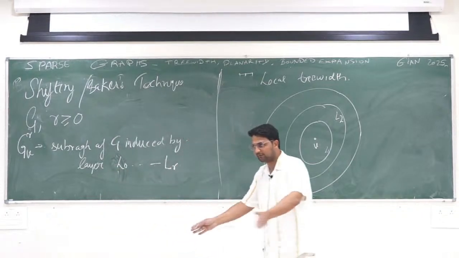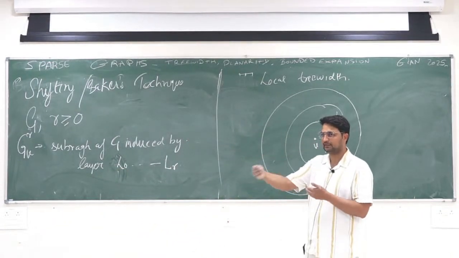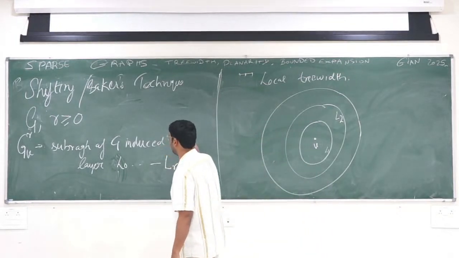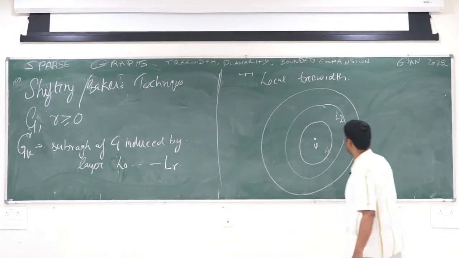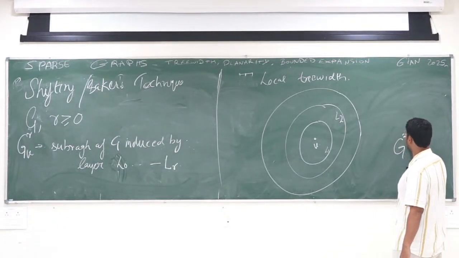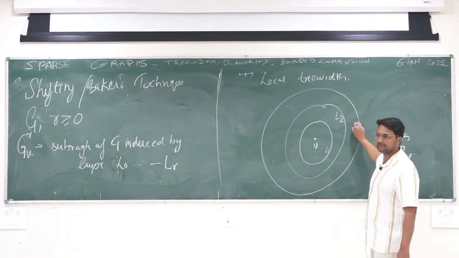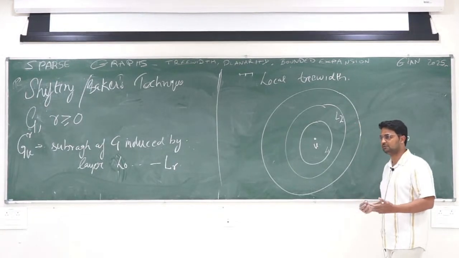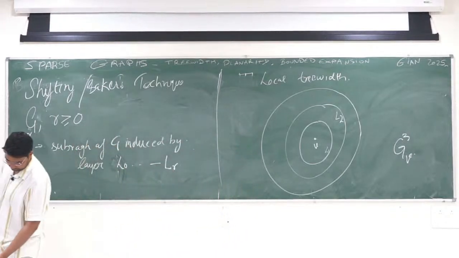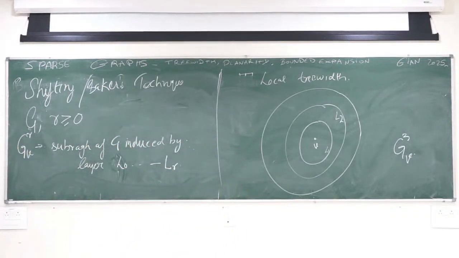So you do a BFS, and you go till level R. This is the subgraph of G induced by these layers, and if I take till this level, this is G_V(3). The first observation that we have here is that the treewidth of this particular graph is bounded.